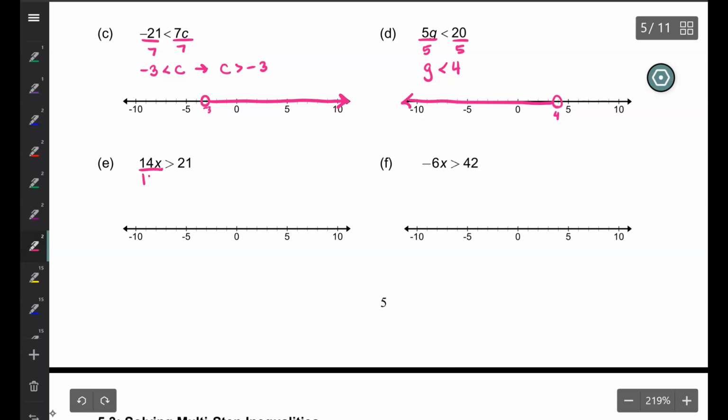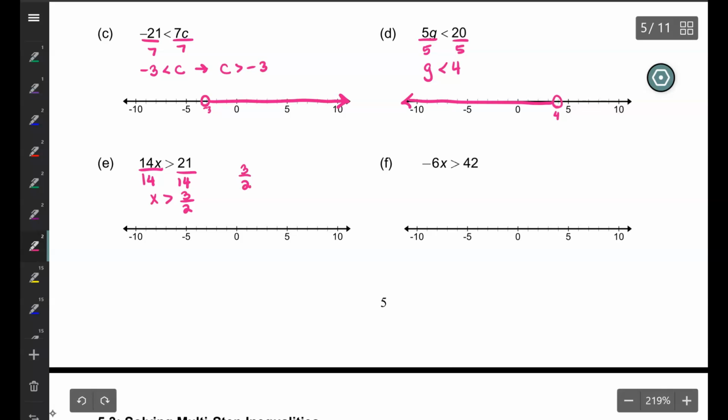Okay, we are going to divide both sides by 14. Now, when I take 21 and divide it by 14, I get 3 over 2. It doesn't go in evenly. I think we talked about this the other day. If you have a fraction, it might help to rewrite.